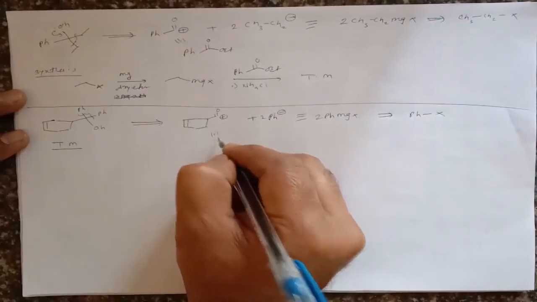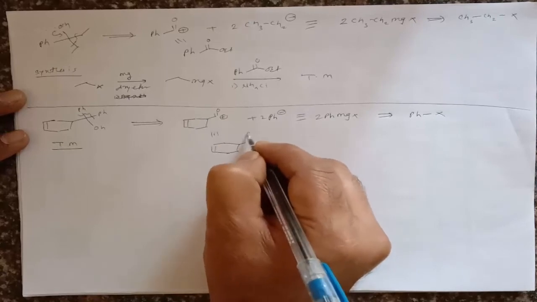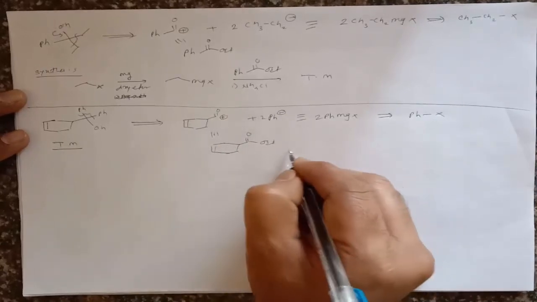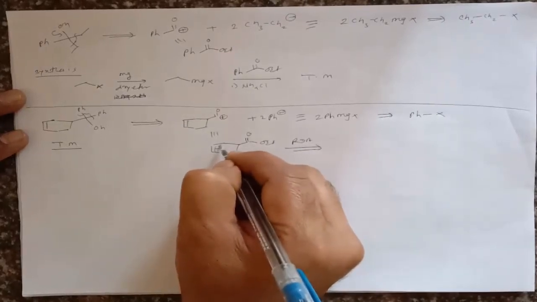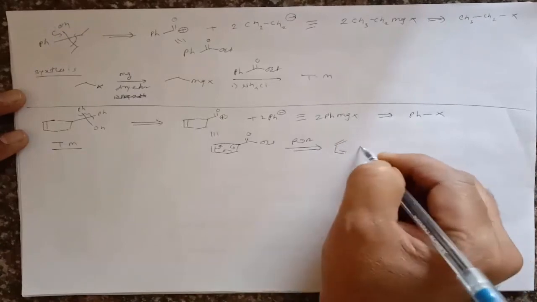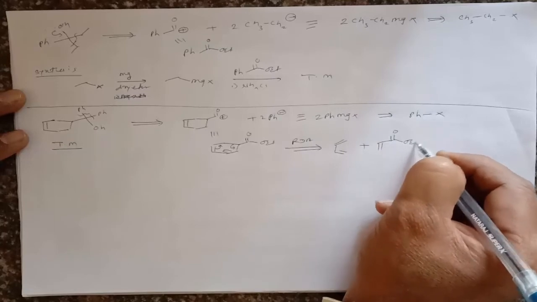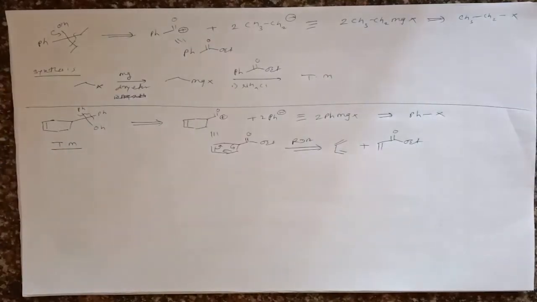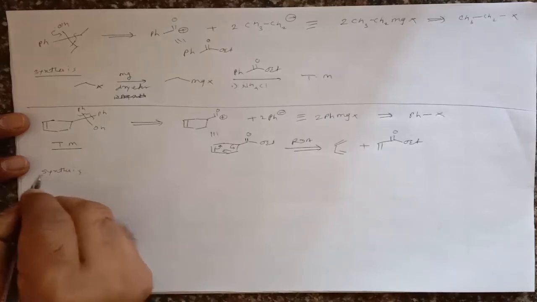The synthetic equivalent for this molecule is an ester. This molecule can be prepared by a retro Diels-Alder reaction. If we reverse this reaction, it gives 1,3-butadiene along with ethyl acrylate, which is easily available, and therefore we can prepare this molecule. So the synthesis is again very simple.